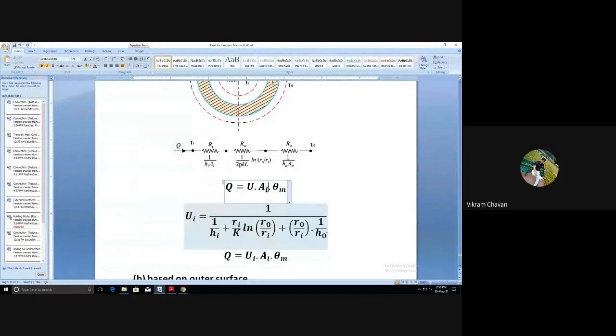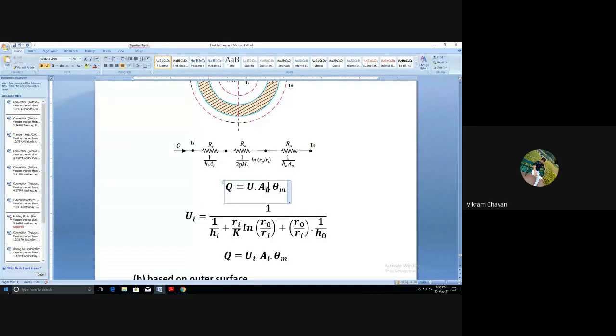As we know, the area of a cylinder is 2 pi rL. The internal area is 2 pi r suffix i multiplied by L, and the external surface area is 2 pi r naught L. So the calculation part is there.